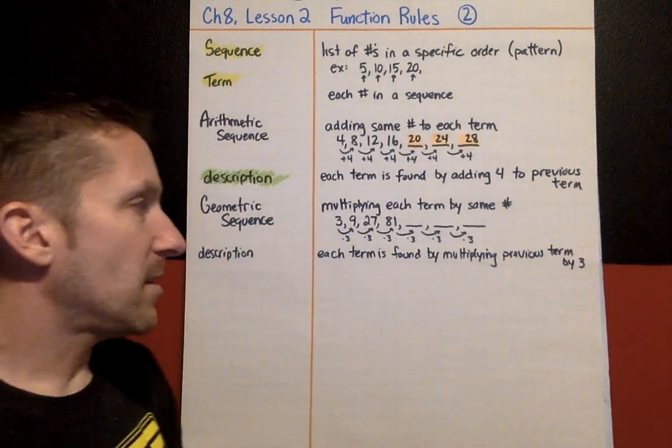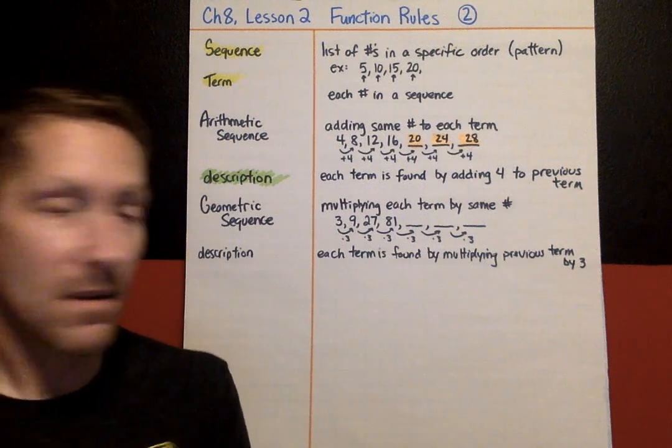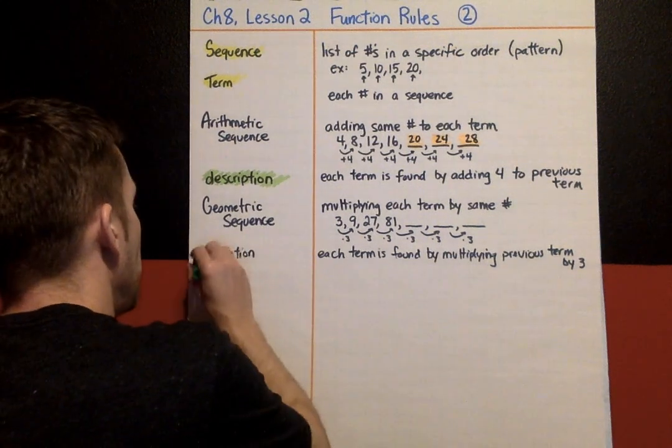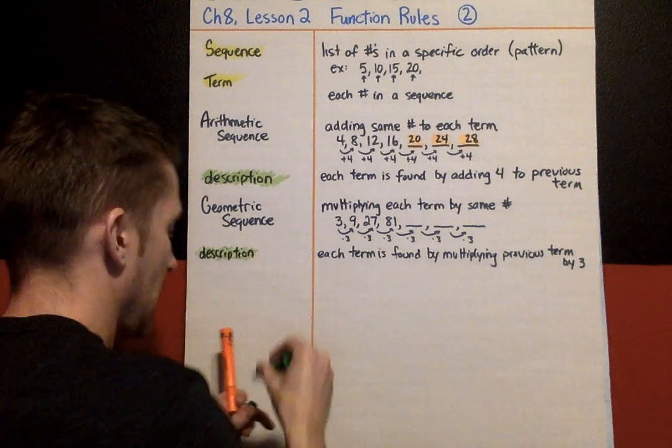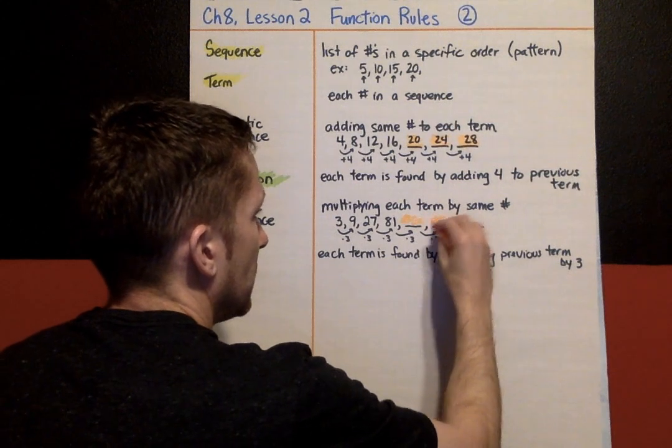Each term is found by multiplying the previous term by 3. So again, description and finding the next 3 terms.